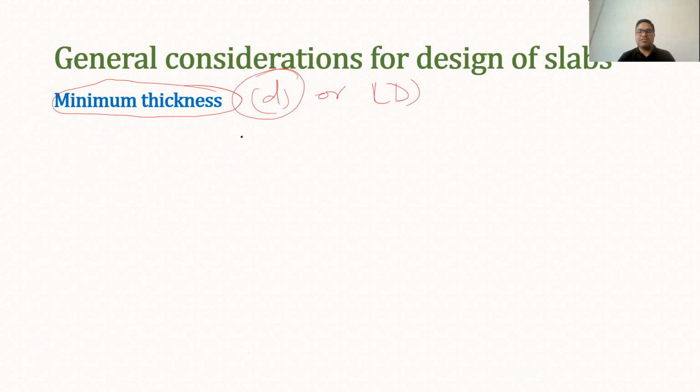In serviceability, it is the deflection that generally governs the thickness of the slab. It satisfies the bending moment requirement, but generally it doesn't satisfy the deflection requirement.